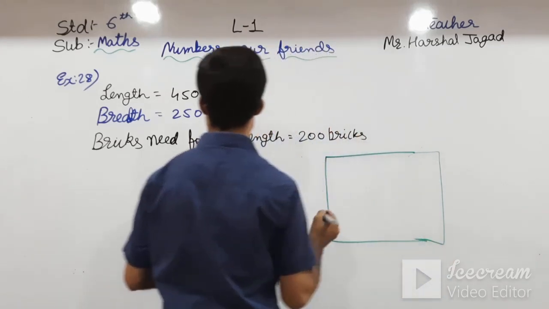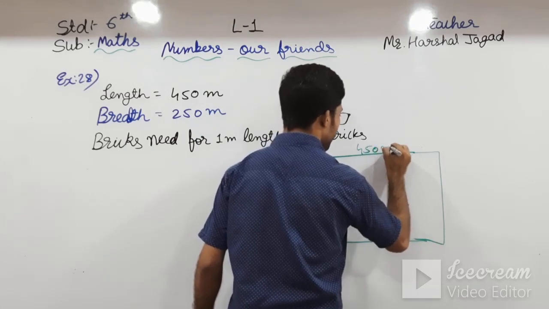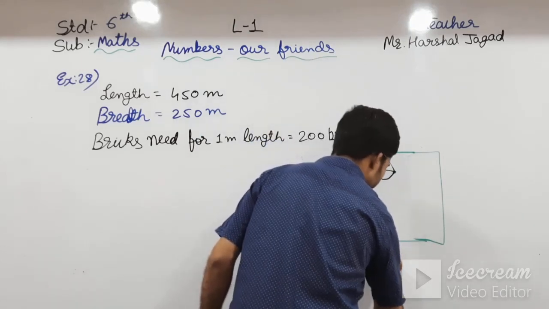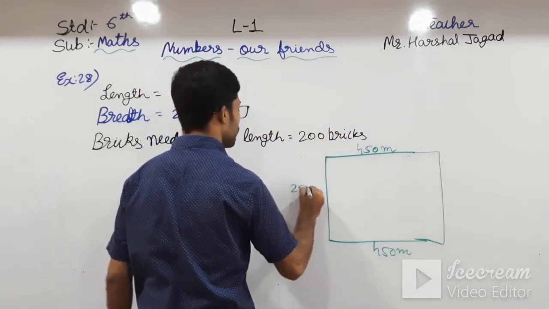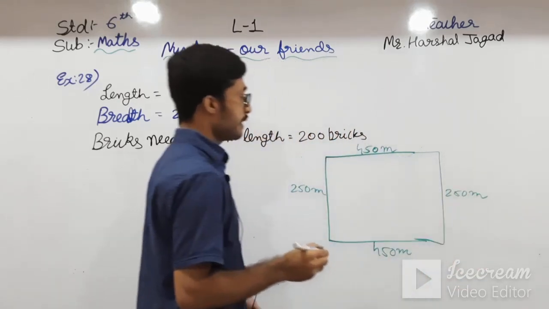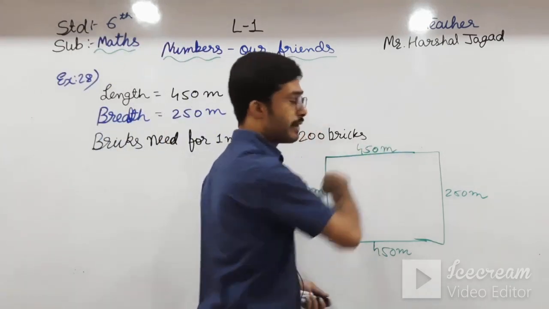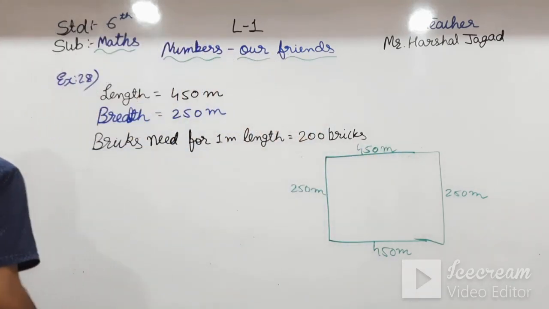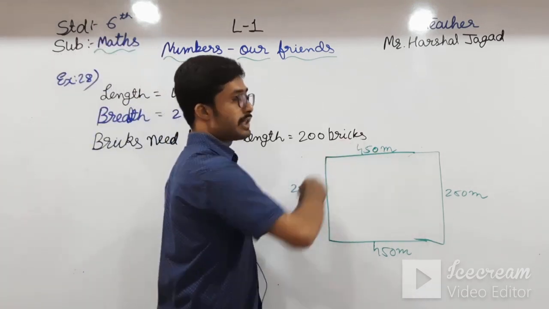So this is a rectangle, length is 450 meter, here also 450 meter, breadth is 250 meter, 250 meter. Okay students, so first of all we have to find the perimeter of the rectangle. So how we will find the perimeter of the rectangle? For that we have to find the perimeter of the wall to be built.